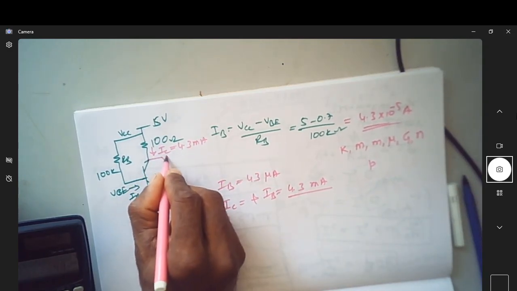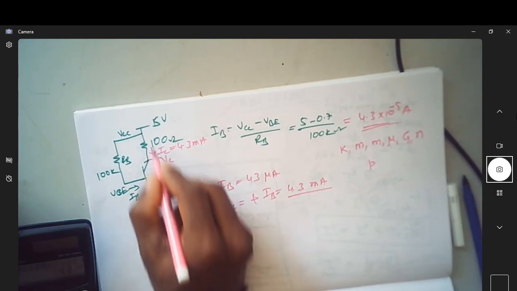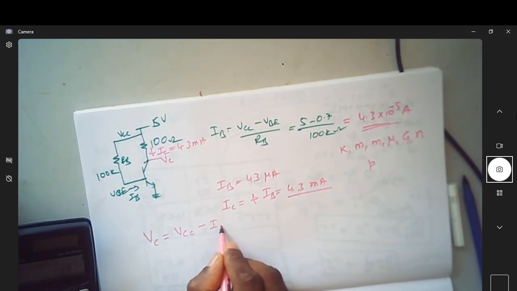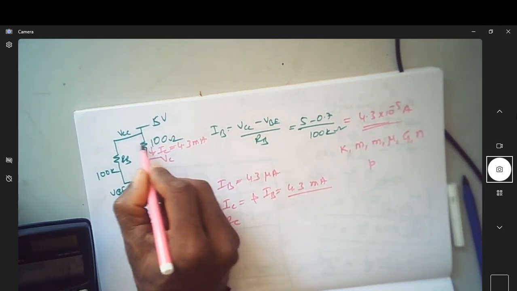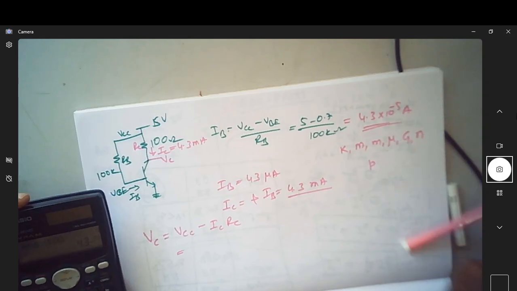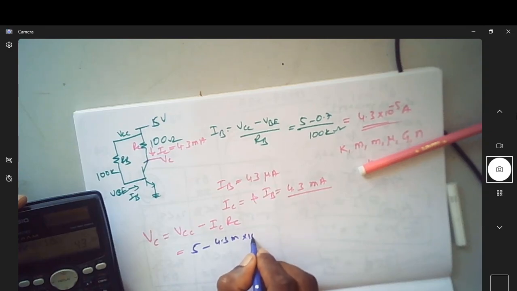Now I should know the voltage at VC. So what is the voltage at VC? It is VCC minus the drop across IC and RC, the drop across this resistor, which I will name RC. So what is this now? It is 5 minus, how much is IC? It is 4.3 milli into 100 ohm.